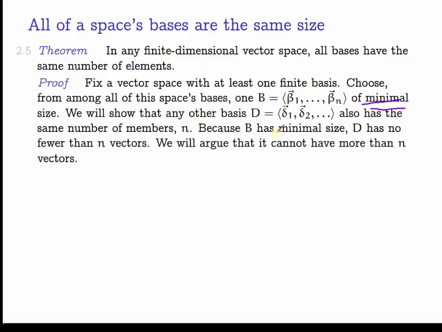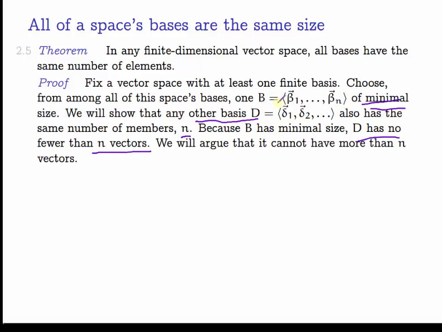We will show that any other basis D also has the same number of members n. Because B has minimal size, D has no fewer than n vectors. We will argue it cannot have more than n vectors. So in other words, B is the smallest possible basis, or one of the smallest possible bases, and D is any other basis.